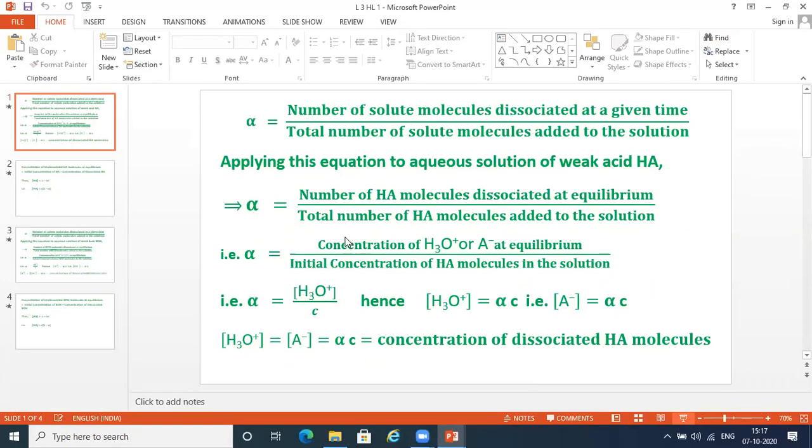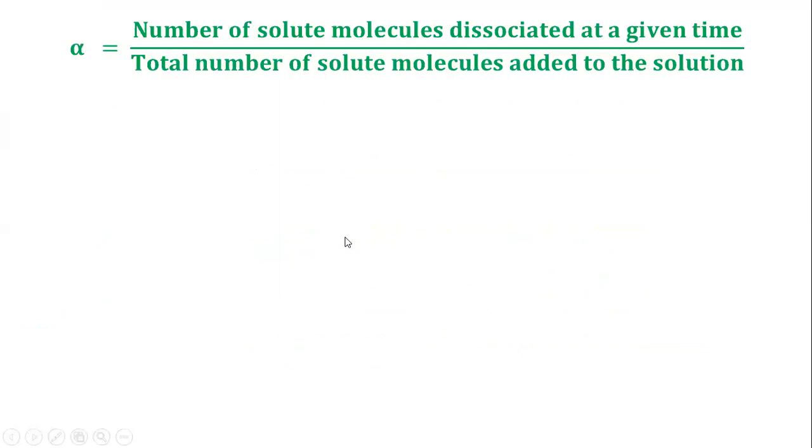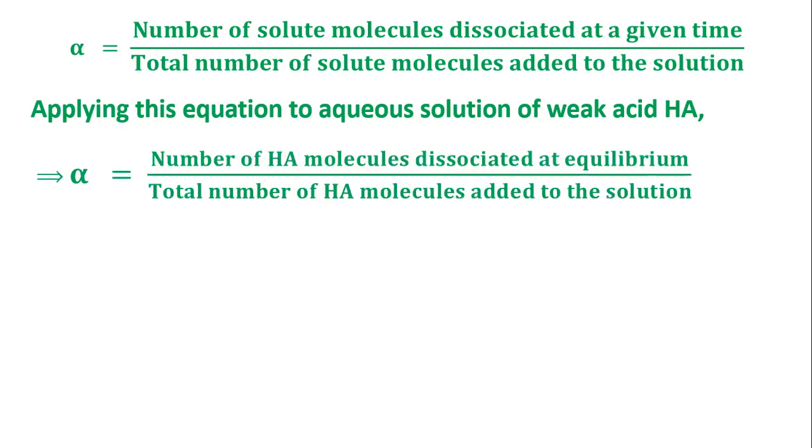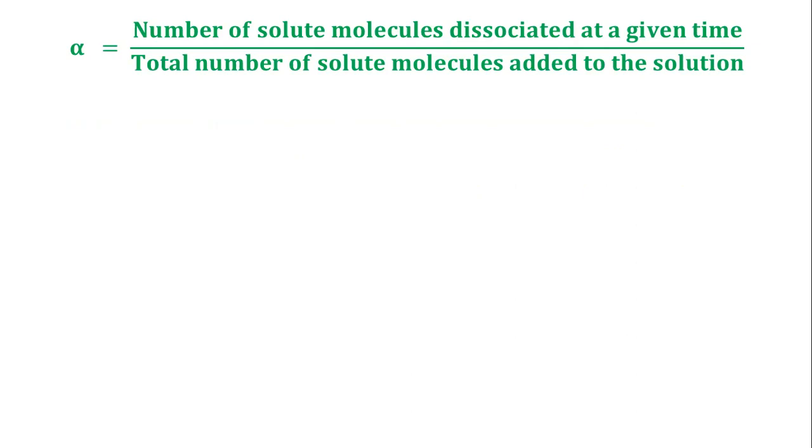Yes, in this slide I will explain how the remaining concentration of HA at equilibrium is C(1 minus alpha), and how the concentration of ions produced is C alpha.